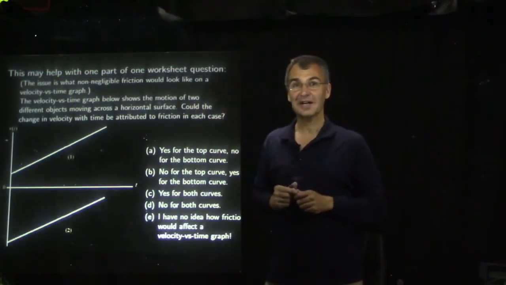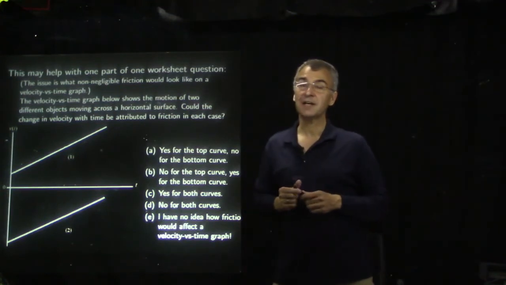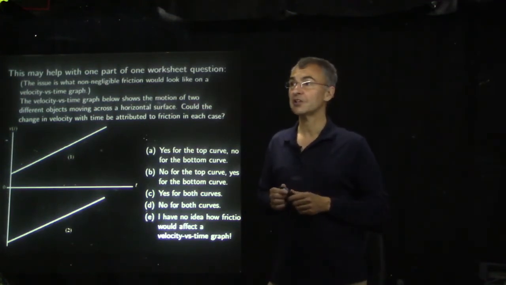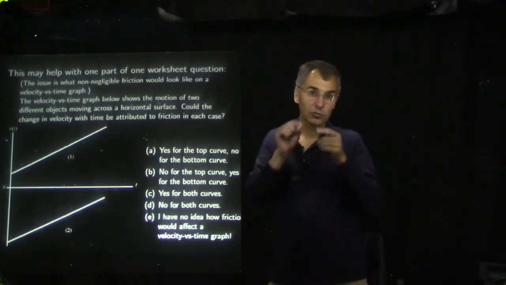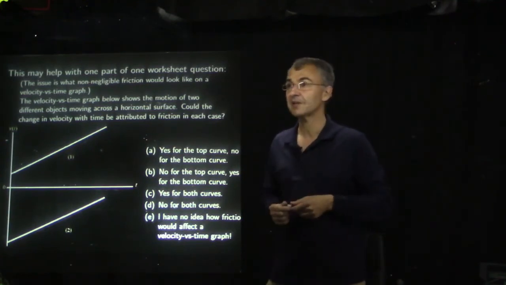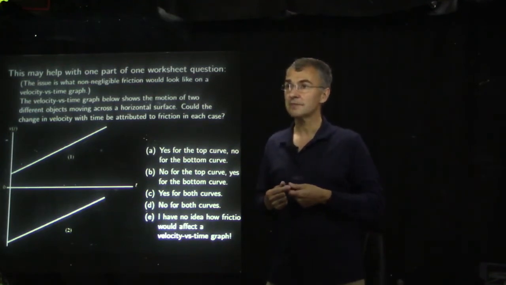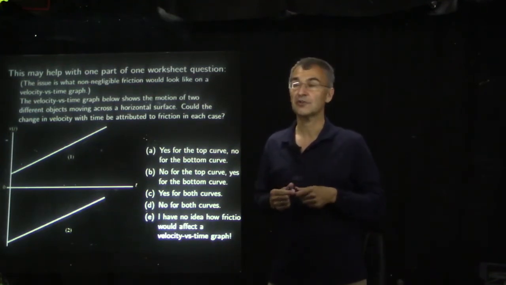This is a little kind of a digression. But I think you're going to have one upcoming worksheet question. It's only one little part of one question, but there's an example of a velocity versus time graph.